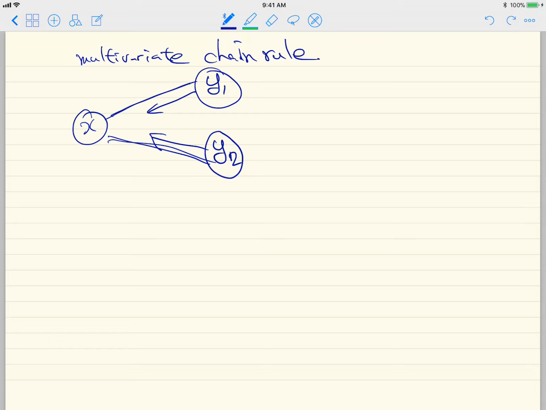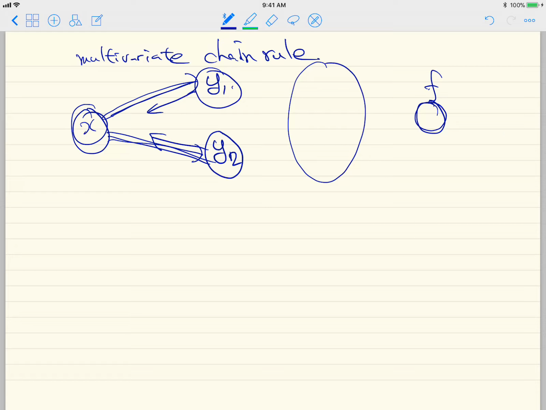And that means the final node is merged into one single node. So there can be multiple paths over here, but this x goes through these 2 paths, and then somewhere over here they eventually reach this final scalar function f.